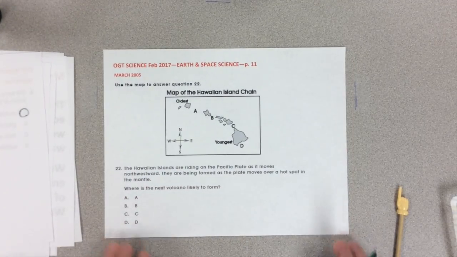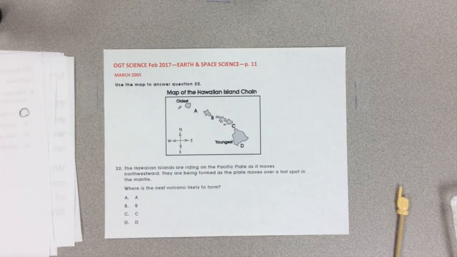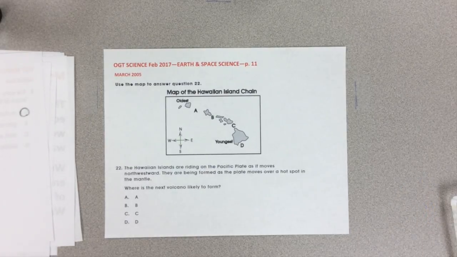And here we go. Our last question for this first part of Earth and space. The Hawaiian Islands are riding on the Pacific plate as it moves northwestward. They're being formed as the plate moves over a hot spot in the mantle. So the magma comes up, cools down, forms the rock layers, etc. Where is the next volcano likely to form?